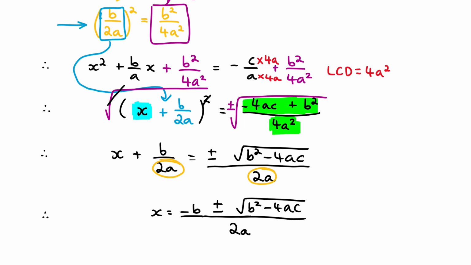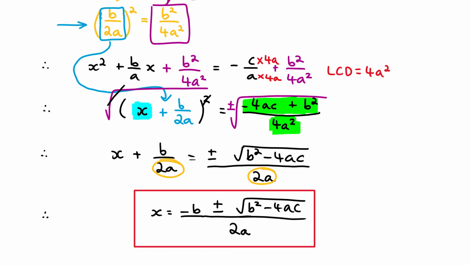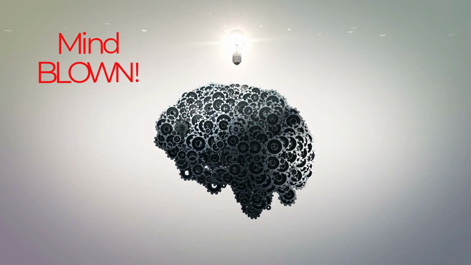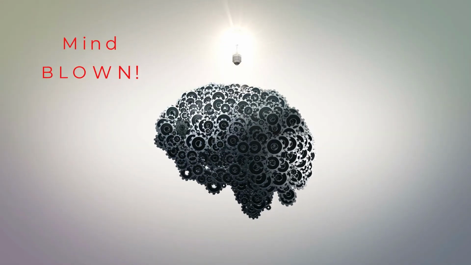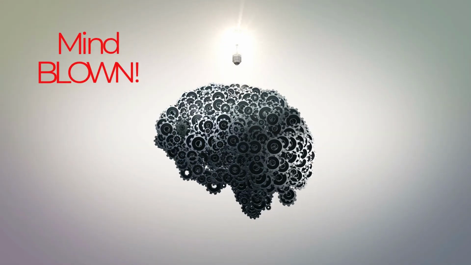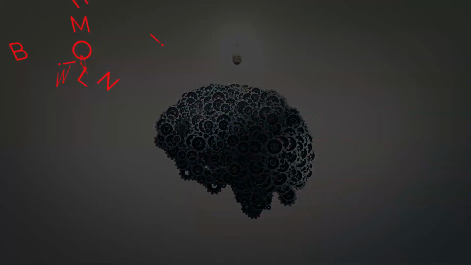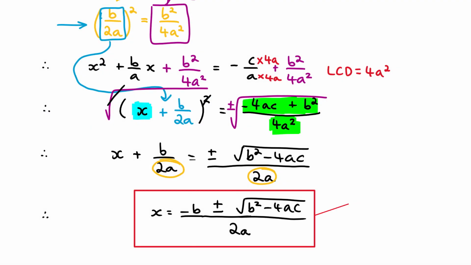And this over here is our quadratic formula. And we can use that to solve any quadratic equation by simply substituting in the coefficients a, b, and c into the formula here to get our answer.